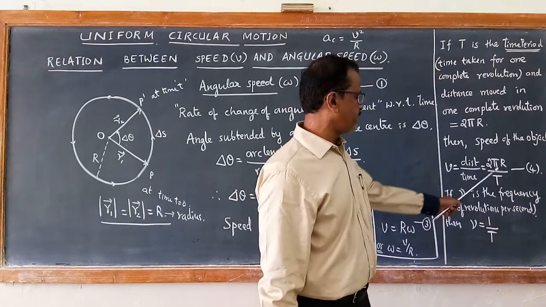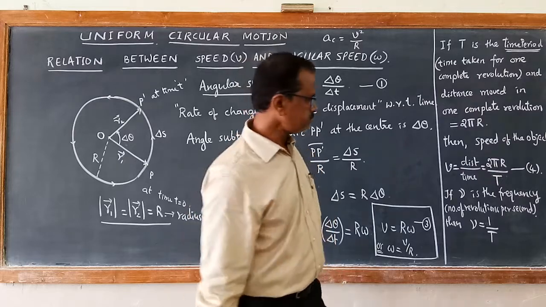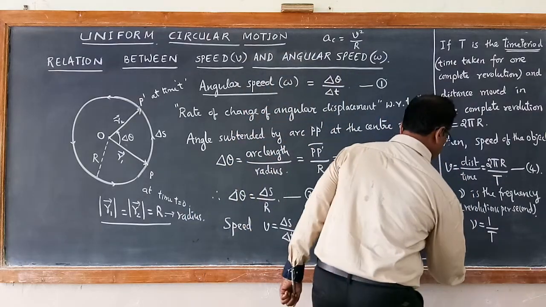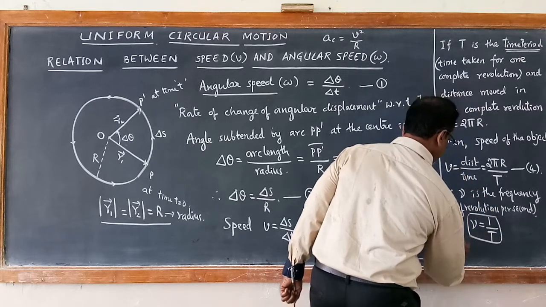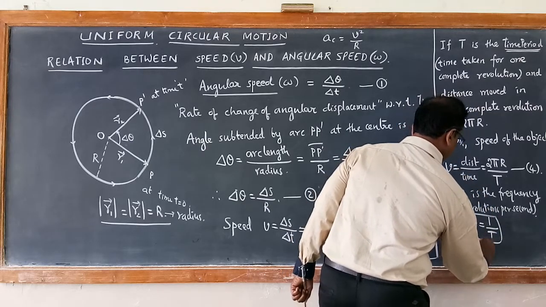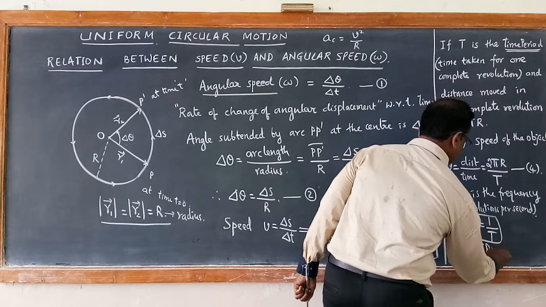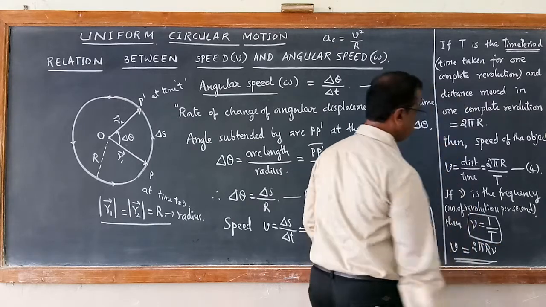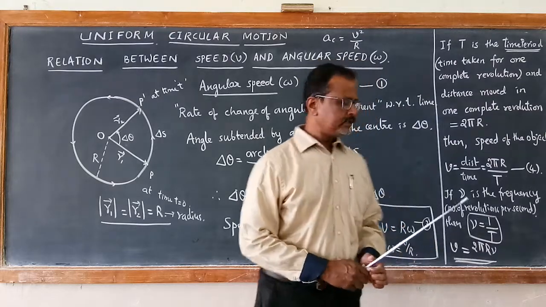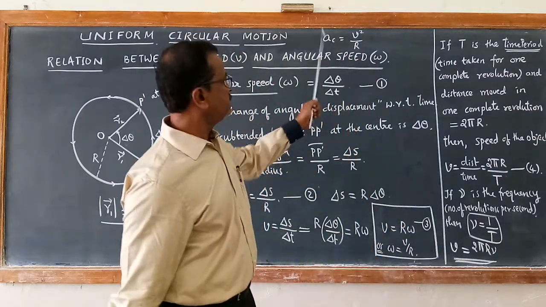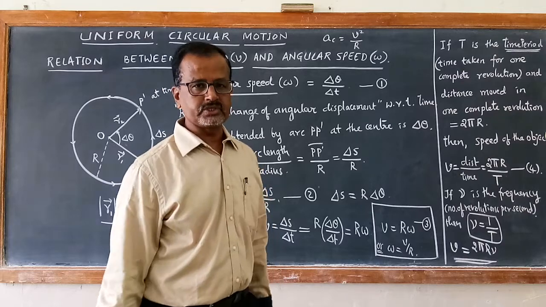If you substitute 1 by T in this equation, we get v equal to 2 pi r into nu. We get another relation 2 pi r by T, which is equal to 2 pi r nu. This we are going to substitute in the equation of centripetal acceleration.